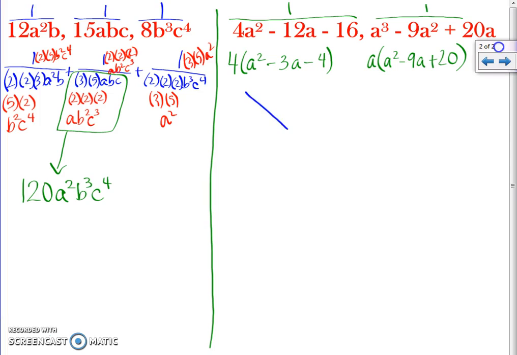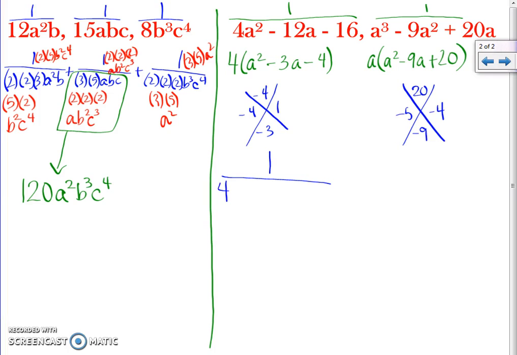We'll factor what's in the parentheses. Multiply to -4, add to -3. Okay. Multiply to 20, add to -9. Perfect. So we've got, don't forget this 4 on the outside.